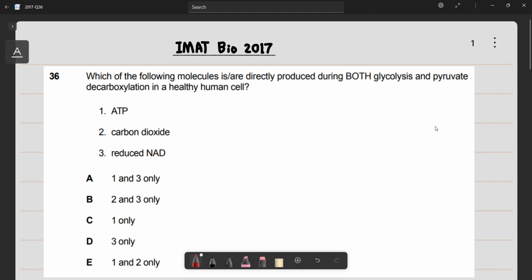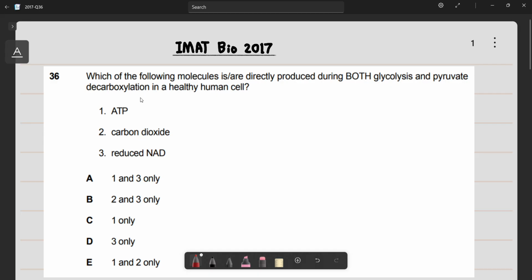So these both occur commonly in eukaryotic organisms. And we have a list of these molecules, the products that are produced in either of these two reactions. So we have ATP, carbon dioxide, and reduced NAD, which is also called NADH.